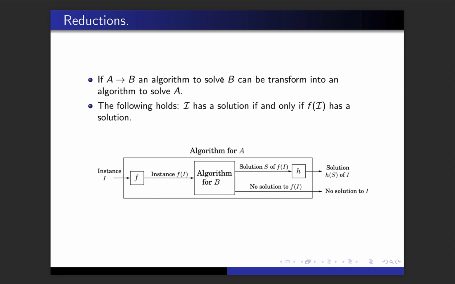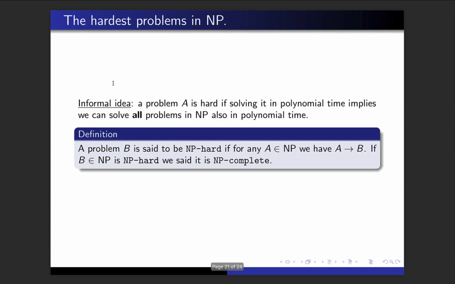That means that if you solve problem B in polynomial time, you will be able to solve every other problem in the class NP by using this reduction strategy. That means that the problem B is as hard as every other problem in the class NP. That is what we define as a very hard problem in the class NP.